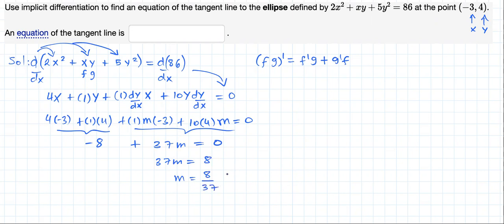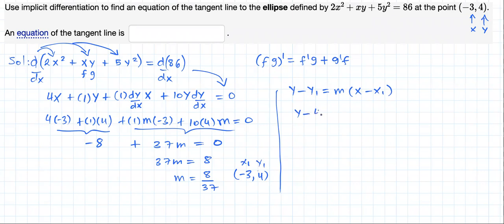Now, we have a point here, -3, 4. So with the slope and the point, we can find the equation of the tangent line. For that, I'm going to use this point slope form with x1 -3 and y1 4. So y minus y1, 4, equals slope 8 over 37 times x minus -3.